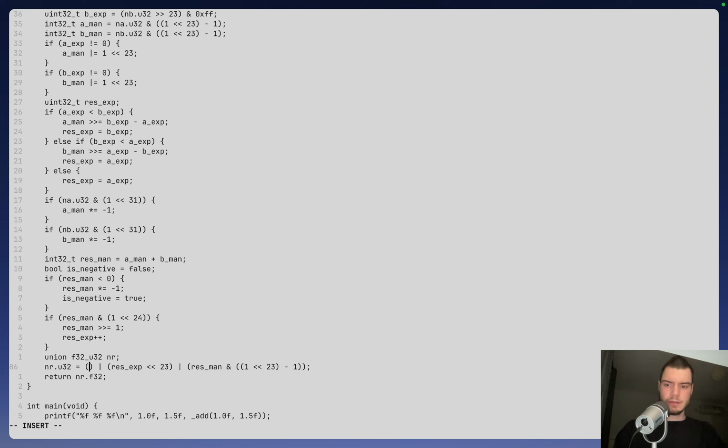And if our value was negative, we're going to OR our floating point value with our sign bit. Otherwise by 0. And actually we have to be careful here. This has to be unsigned.